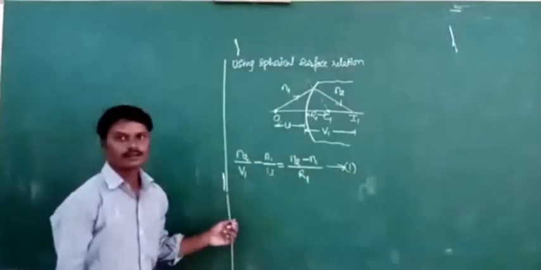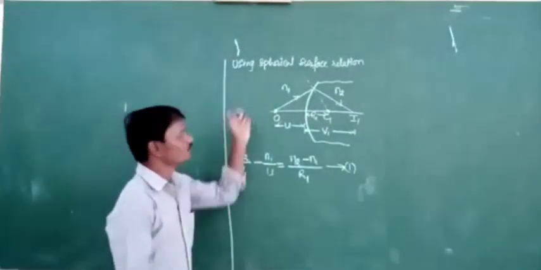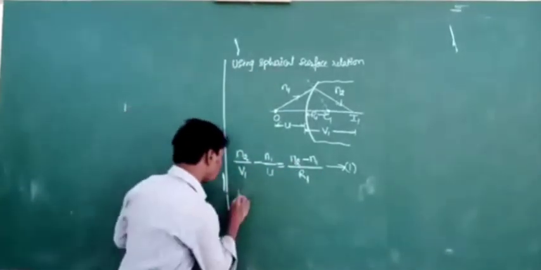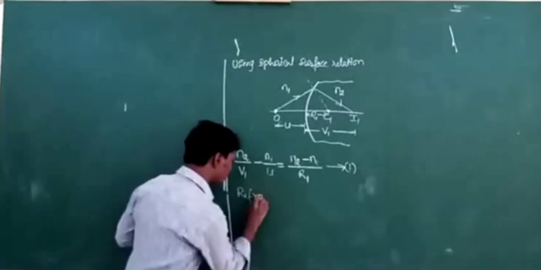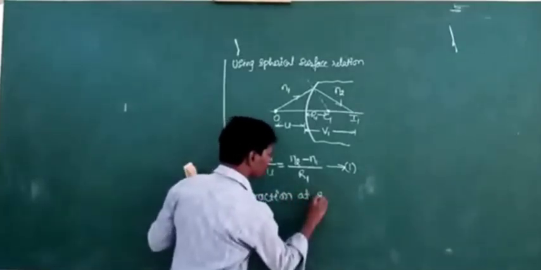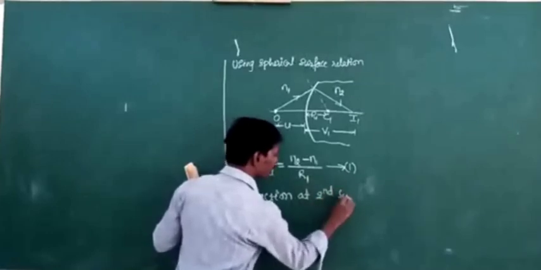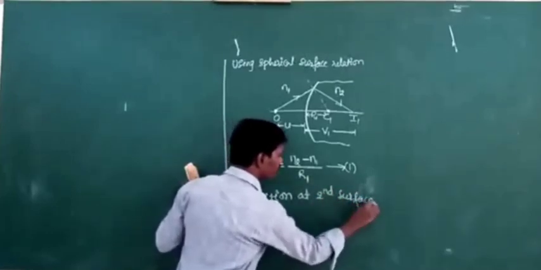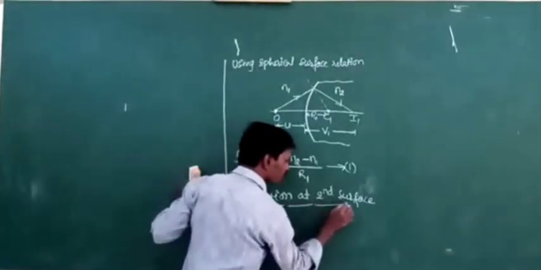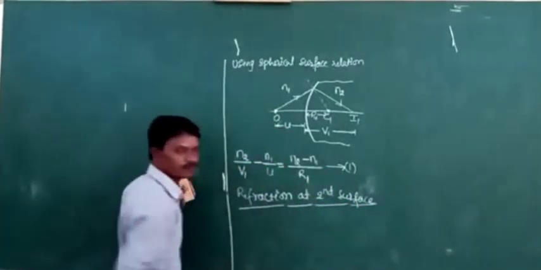Next we are going to discuss the refraction at the second surface. How many times does refraction take place here? Two times. First refraction by the first surface, second refraction by the second surface.